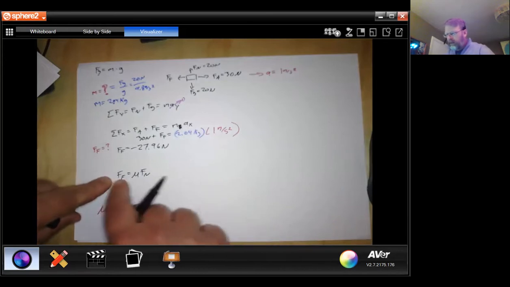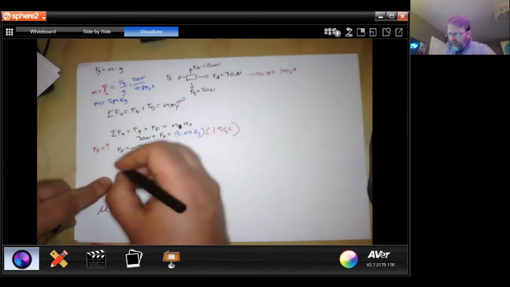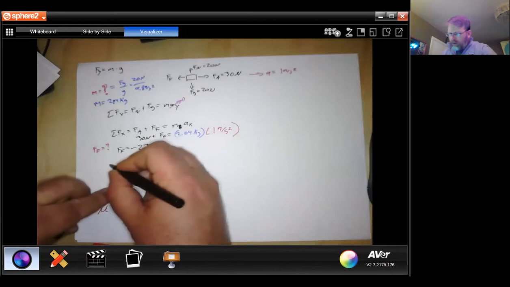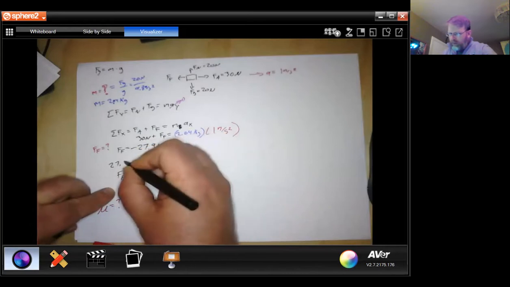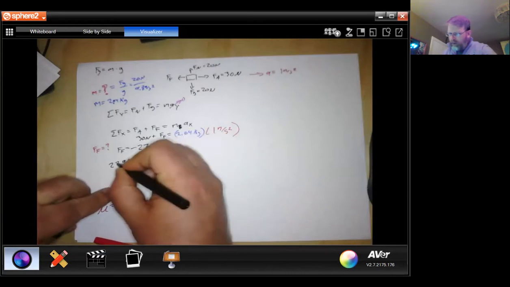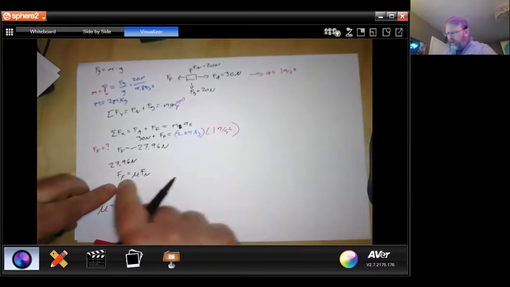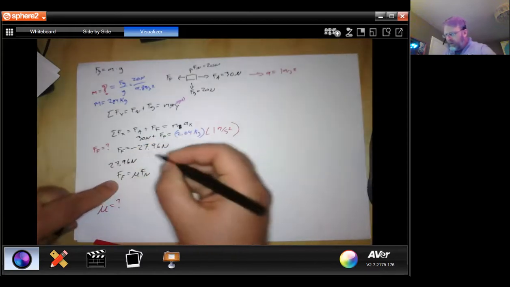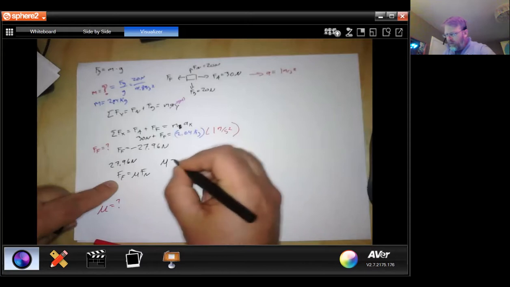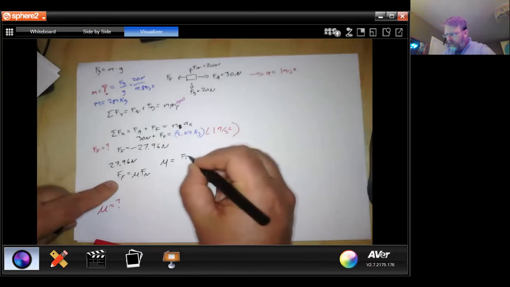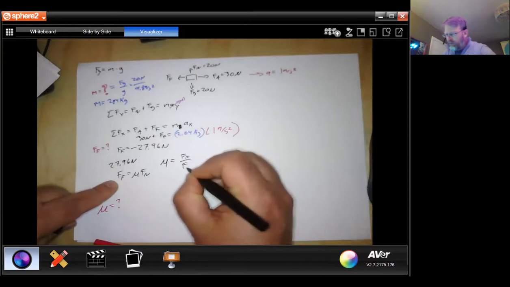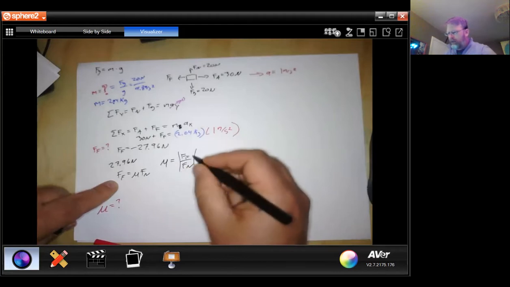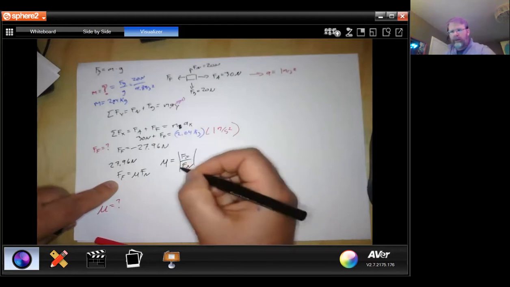So now we have our mass, we have our force due to friction. We can now plug that in here. So the force of friction is 27.96 newtons. When I'm doing this, I'm going to do mu equals force of friction over force normal. I am going to take an absolute value of that because this is going to be a positive.